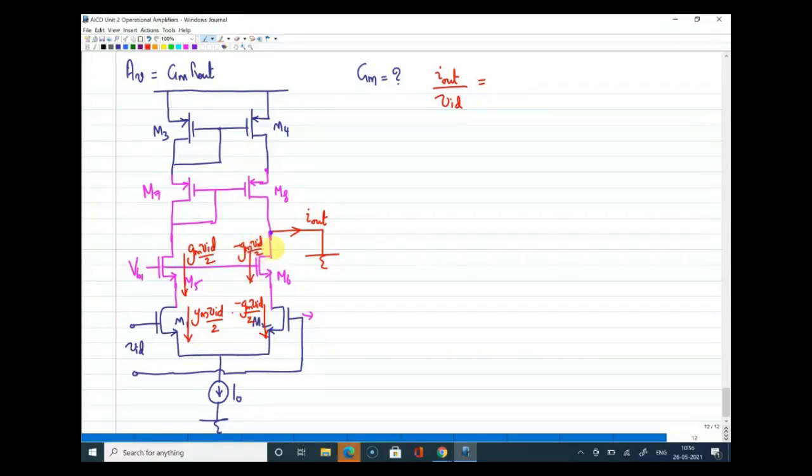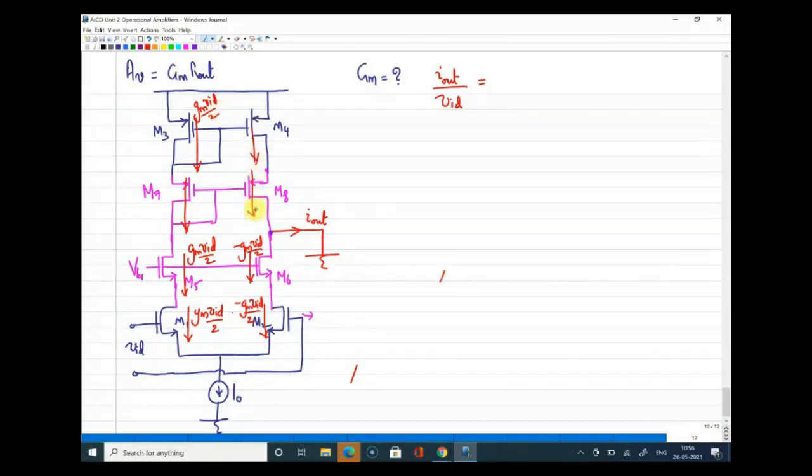Now the small signal current through M5 can flow only through here. This is M7, and that is again from M3. All the currents remain the same, which is Gm into Vid by 2. Since M3 and M4 form a current mirror and M7 and M8 form another current mirror, you will see that the current on the left side will be duplicated here.